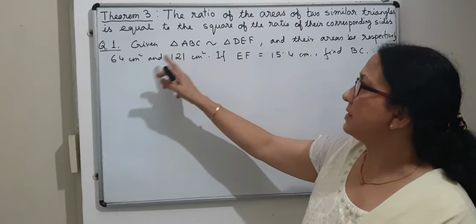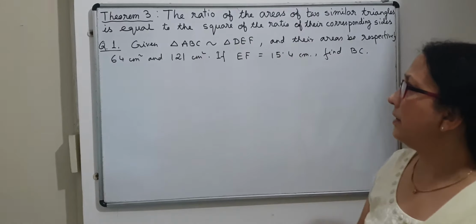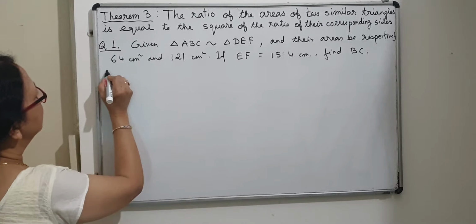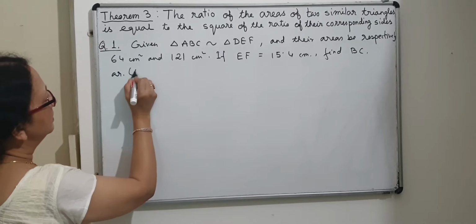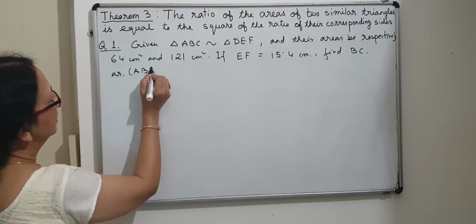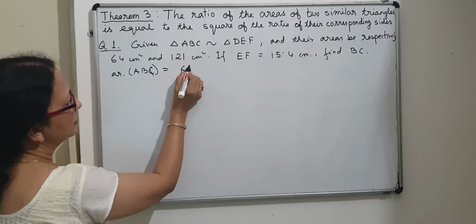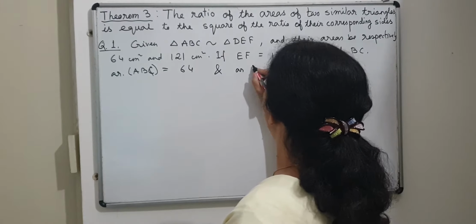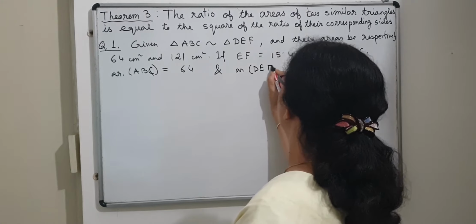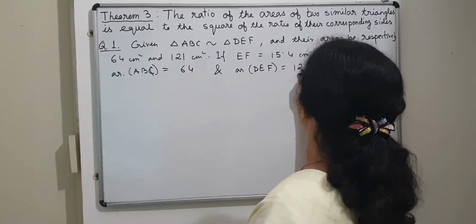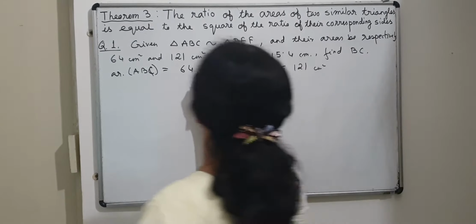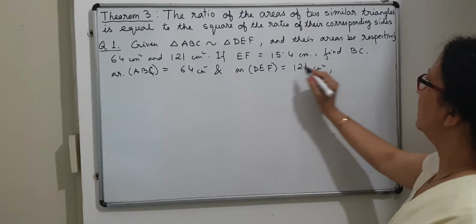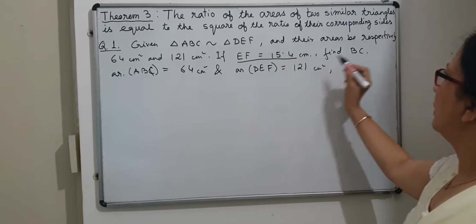That means the area of ABC is 64 centimeters square, and the area of DEF is equal to 121 centimeters square. These are given to us, and also it is given that EF is 15.4 and you have to find BC.